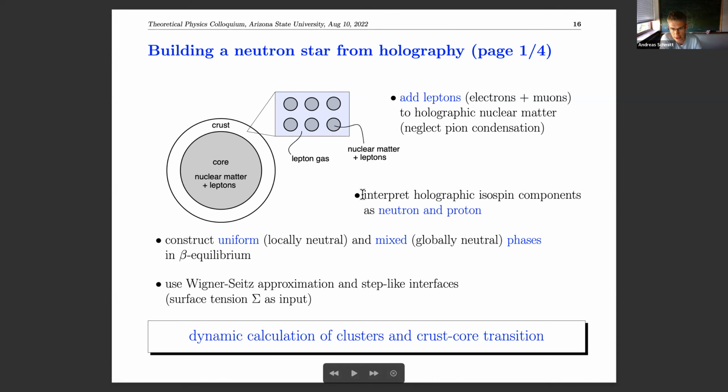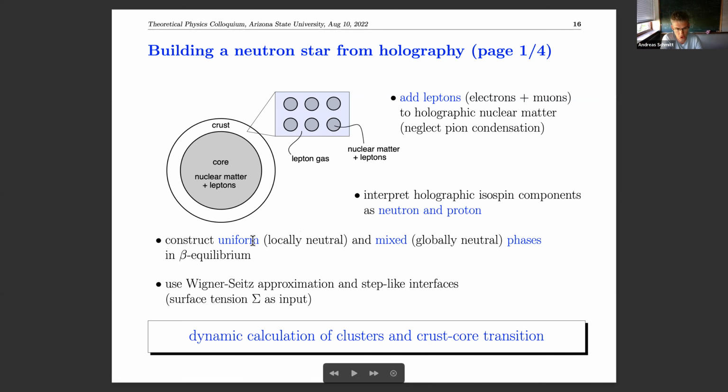One thing I should mention as a little caveat, or I'm not sure if it's a caveat, but in the holographic picture, we don't really see the degrees of freedom of neutrons and protons. So we have to translate the isospin components into neutron and proton components because we want to assign charges to them, right? Neutral and charge +1 for the proton. I come back to this later because that does introduce one artifact.